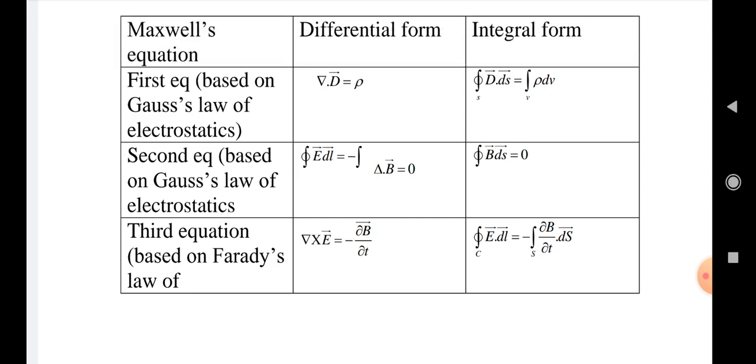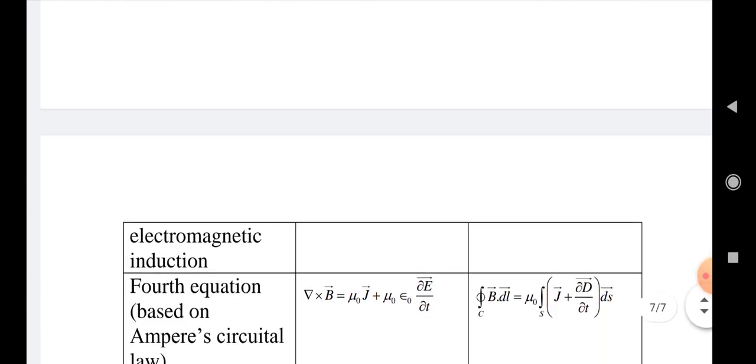In integral form, the closed line integral of E bar dot dl bar is equal to minus the surface integral of del B by del t dot dS bar.